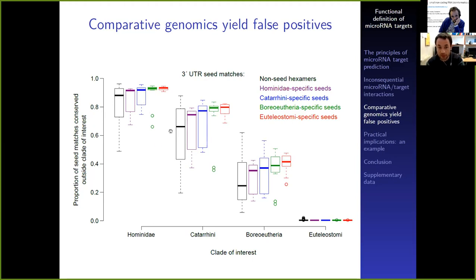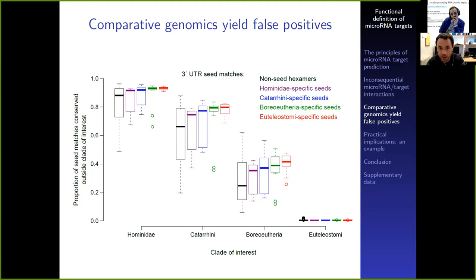And we even see the same, that's the black boxes, when we look at non-seed hexamers, which are the hexamers which do not match the seed of any known vertebrate microRNAs. So this really looks like this decrease was mostly due to the fact that we are looking at a tree, and because of this architecture as a tree, the deeper clades have fewer outer species. So it looks like this effect that we measured for the least conserved microRNAs was certainly not artifactual.